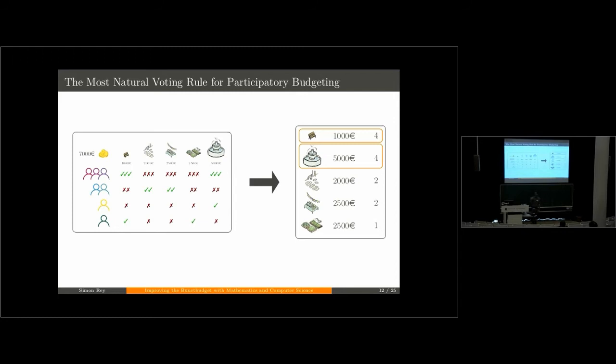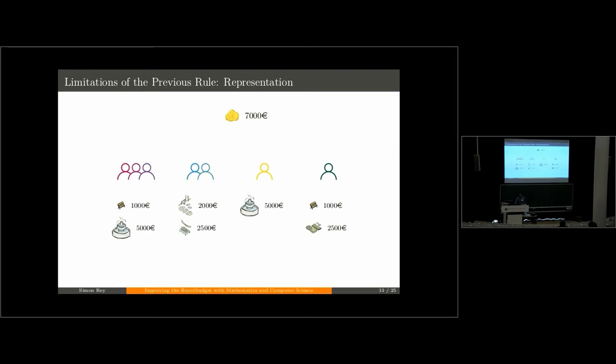Okay? Well, I mean, it's very natural. It's fair. That follows the idea you had on like 2 slides before. So why not? But there's a problem with that rule that has to do with what we call representation. And you can think of it as follows. We've got 7 voters here, and we've got a budget of 7,000 euros.